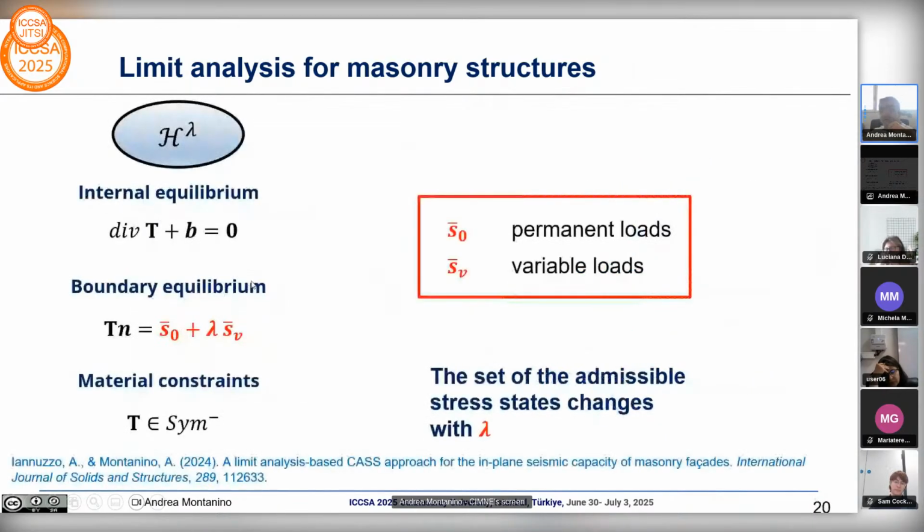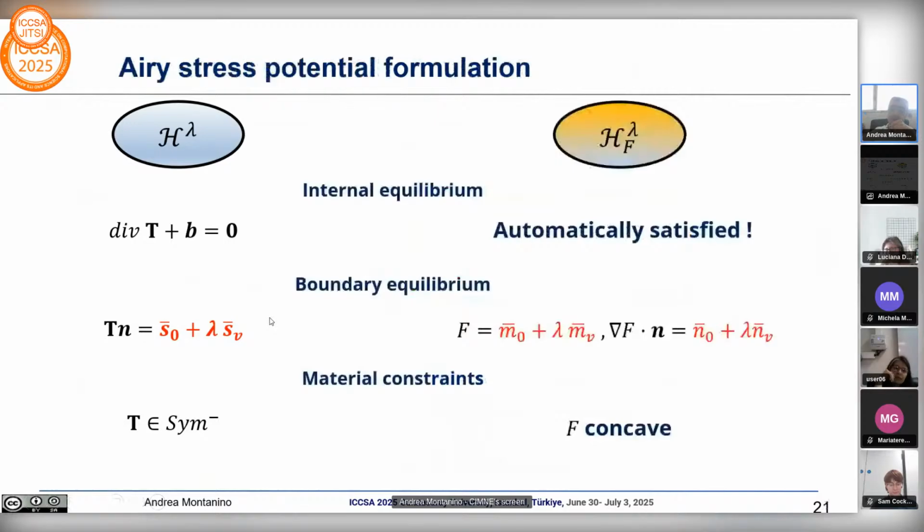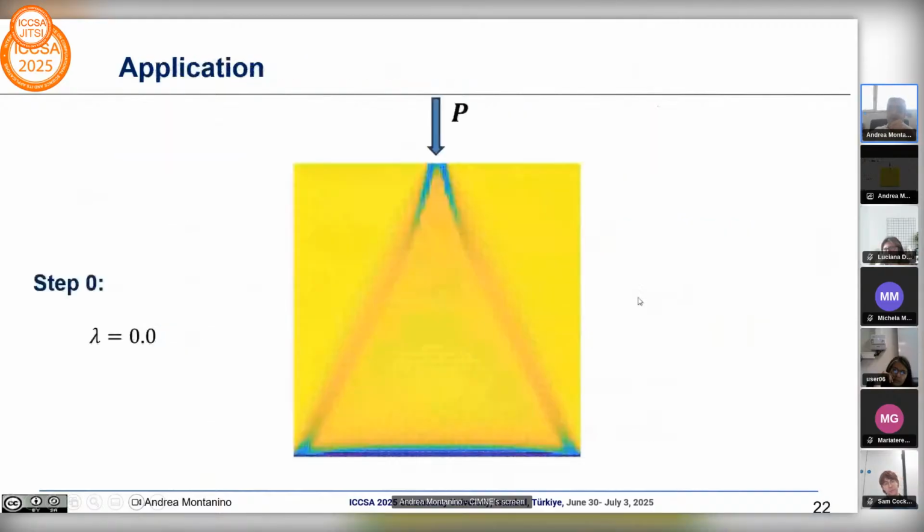We can reformulate the boundary value problem by introducing the load multiplier into the boundary equilibrium, and so considering a permanent part of the loads and a variable part of the loads through the load multiplier. So we want to maximize lambda until a solution exists. We can translate this into the Airy-based formulation, and apply this using the CAS method.